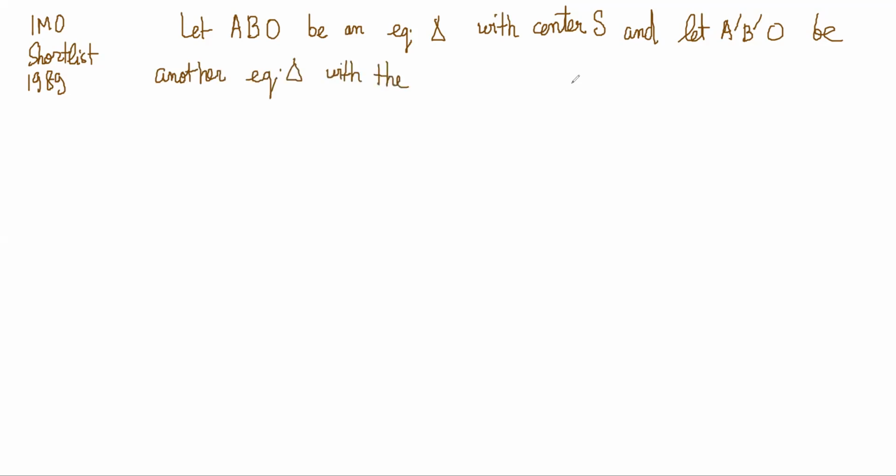With the same orientation means angles are measured in the same way, anti-clockwise, and S is not equal to A dash, S is also not equal to B dash.